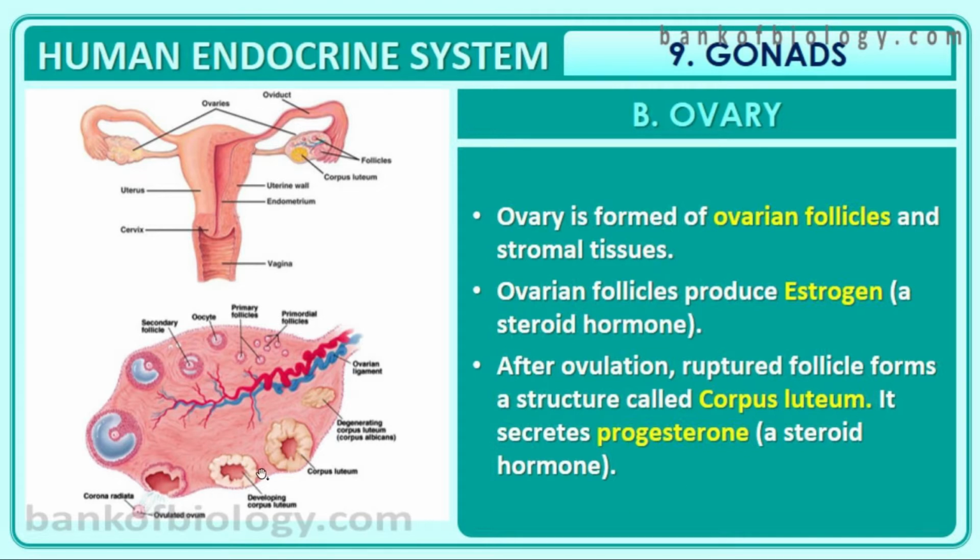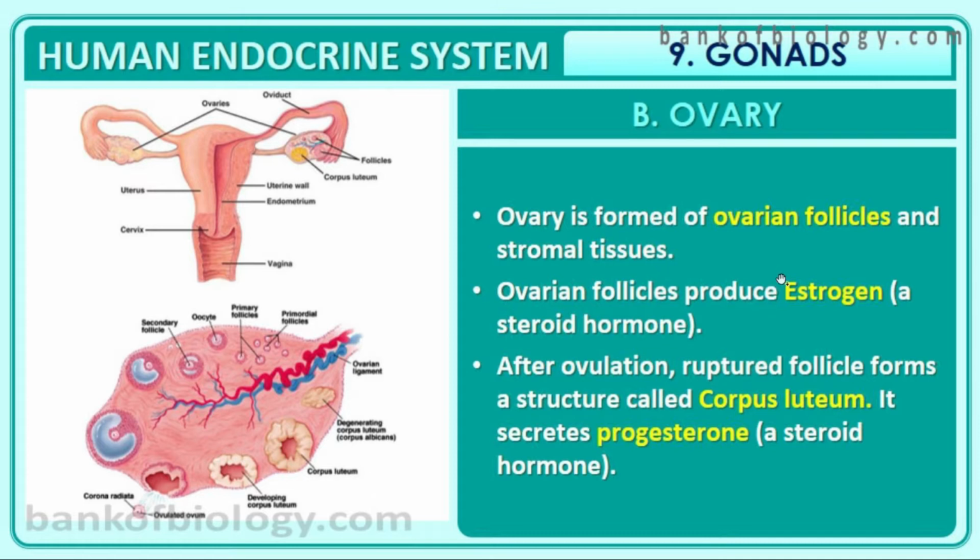Listen here. This is the ovarian follicle, a matured ovarian follicle releasing ovum. After the release of the ovum, the ovarian follicle is changed into corpus luteum. See, it is empty. Ovum is already released out. This corpus luteum secretes the hormone known as progesterone.